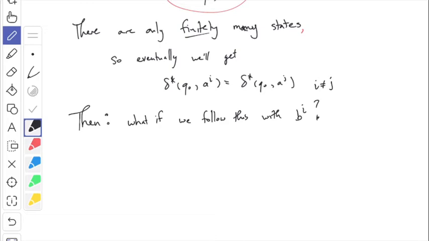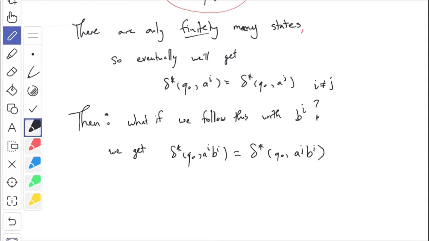We get delta star of Q0 comma A^I followed by B^I, right? But because we started in the same place, this will also equal delta star of Q0 comma A^J followed by B^I.